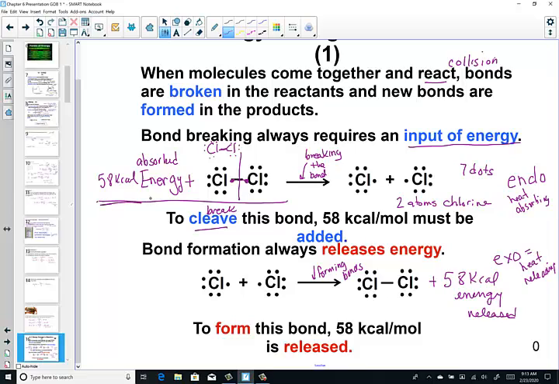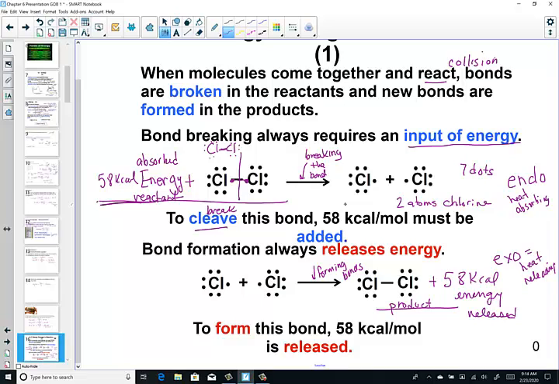The heat is required, so you put it on the reaction side. And if heat is being released over here in the exothermic, I put it on the product side. It's just coming out of the reaction. And notice they are exactly the same amount. If 58 kcals is required to break the bond in the forward direction, you would have 58 kcals coming out of the reaction in the reverse order.